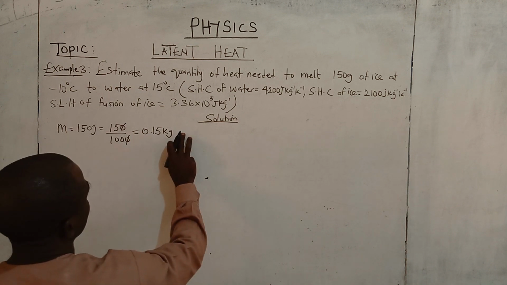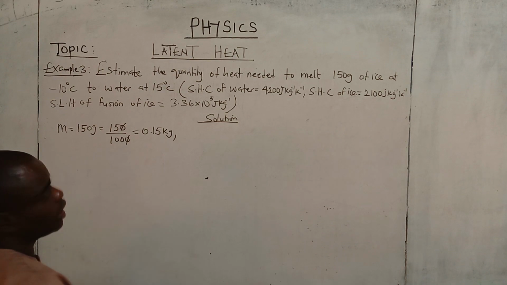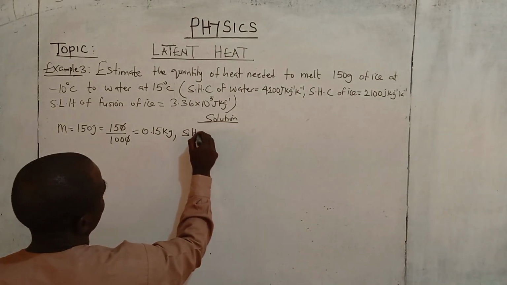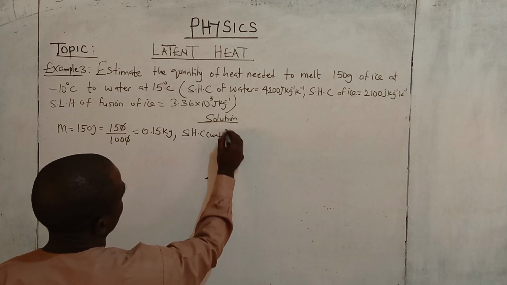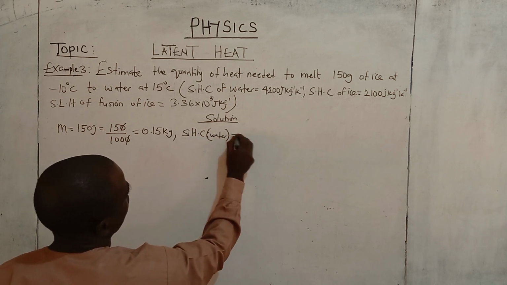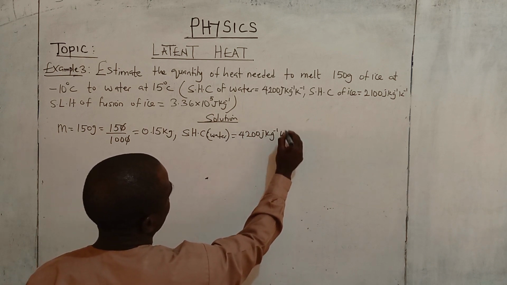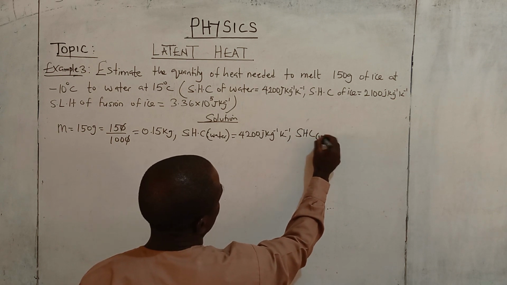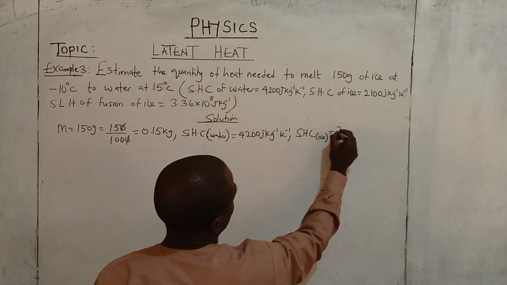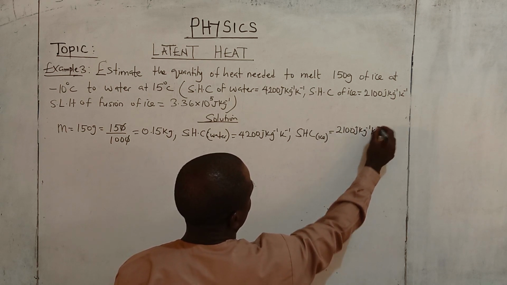Now, before you understand this question, you have to analyze it with a diagram. But let's write all the parameters. Specific heat capacity of water is 4,200 joules per kilogram per Kelvin. Specific heat capacity of ice is 2,100 joules per kilogram Kelvin.